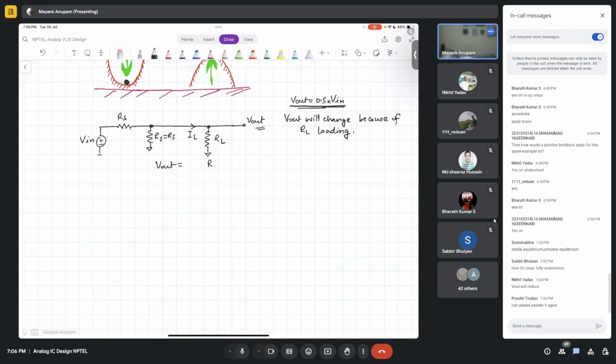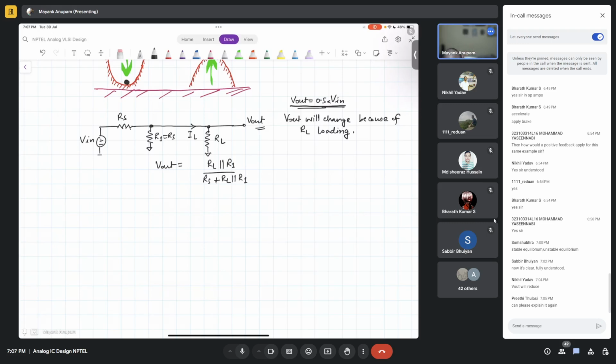So basically, what is V out? V out is RL parallel R1 divided by Rs plus RL parallel R1.